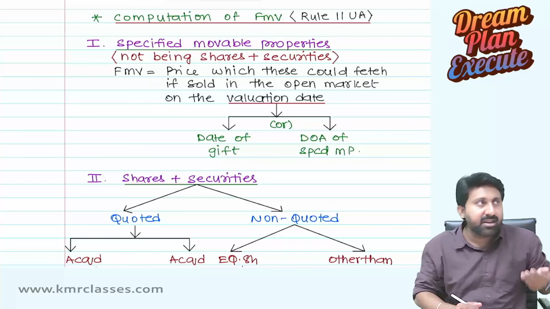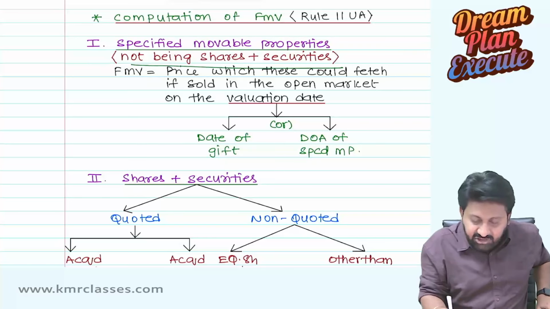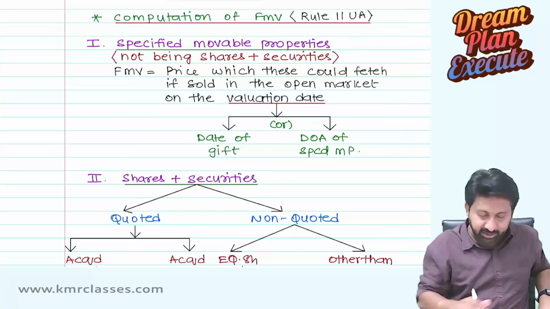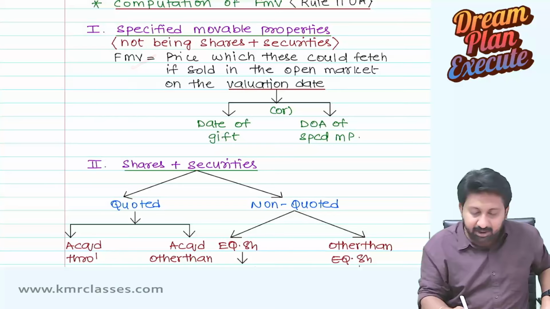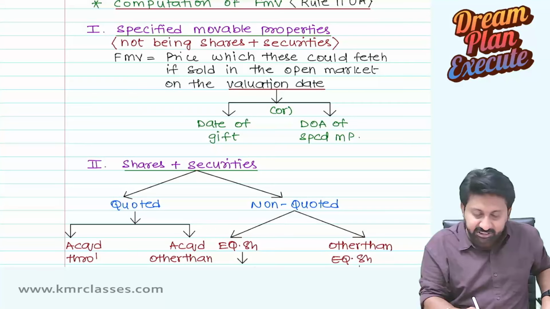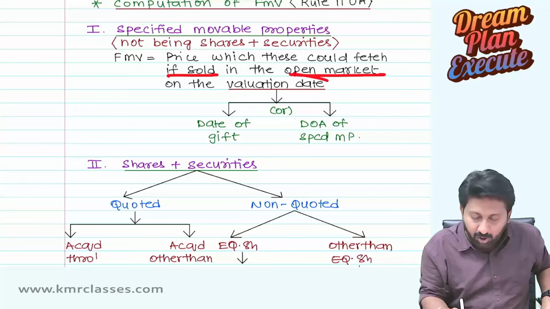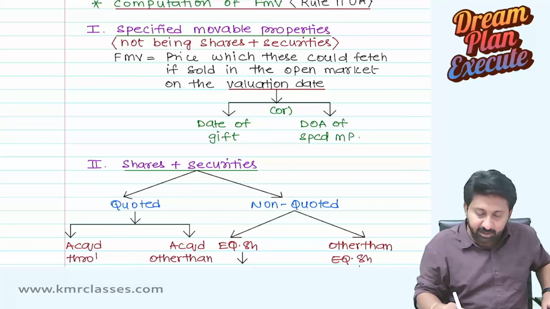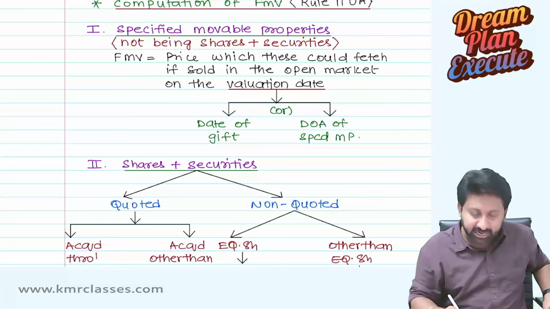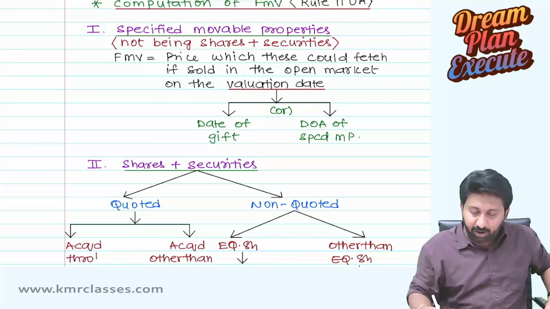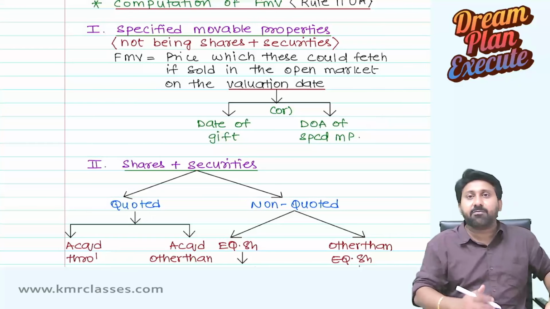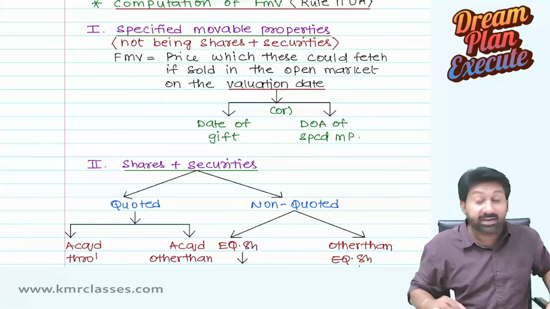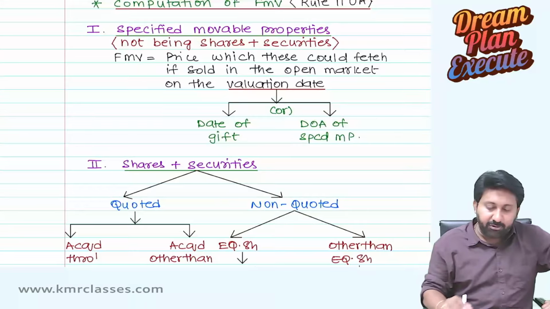Those are all other than shares and securities. Then FMV will be the price which these could fetch if sold in the open market on the valuation date. What is the valuation date? Either the date of gift or date of agreement, so the date of acquisition of the specified movable property.